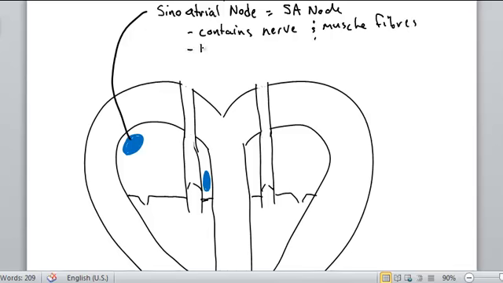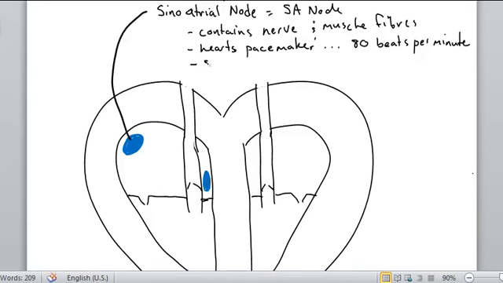It is nicknamed the heart's pacemaker because independent of the brain or the nervous system, it controls heartbeat so that you have 80 beats per minute. Now if it goes up or below 80 beats a minute, it's usually your nervous system controlling it.